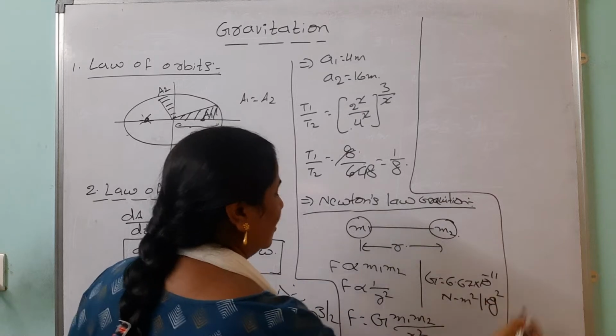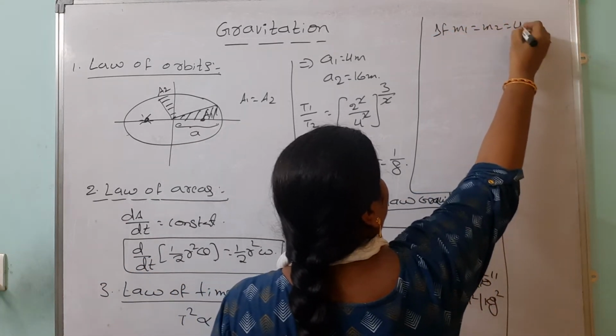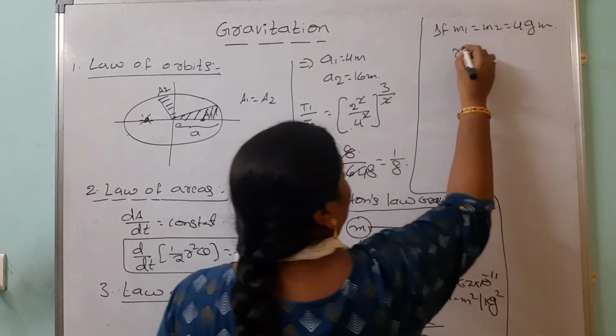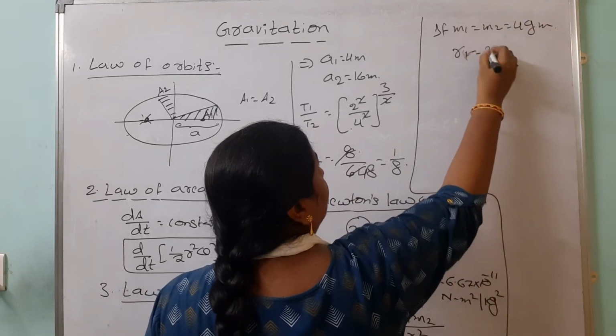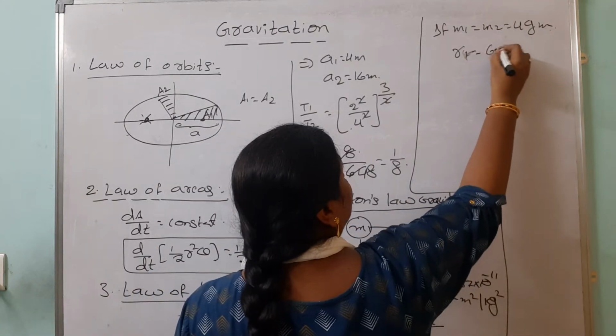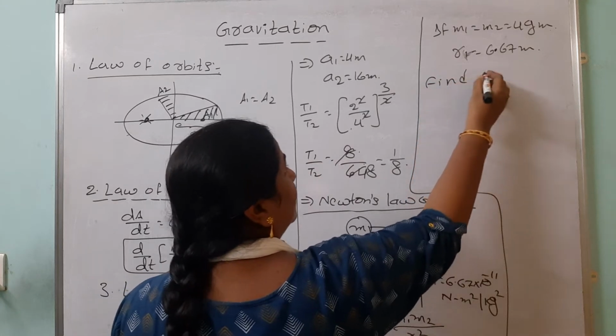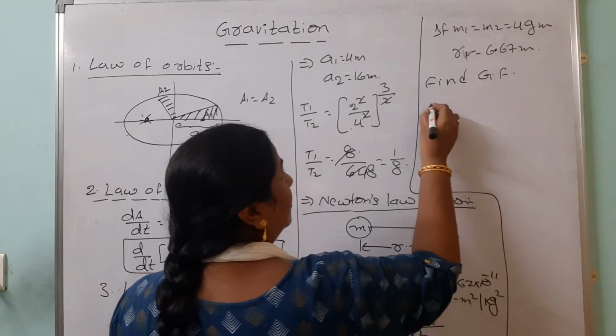We do one problem also. If m1 equals m2 equals 4 grams, then r equals 2 meters. Otherwise you can take it 6.67 meters. Find the gravitational force. How to find out? F equals G m1 m2 by r square.